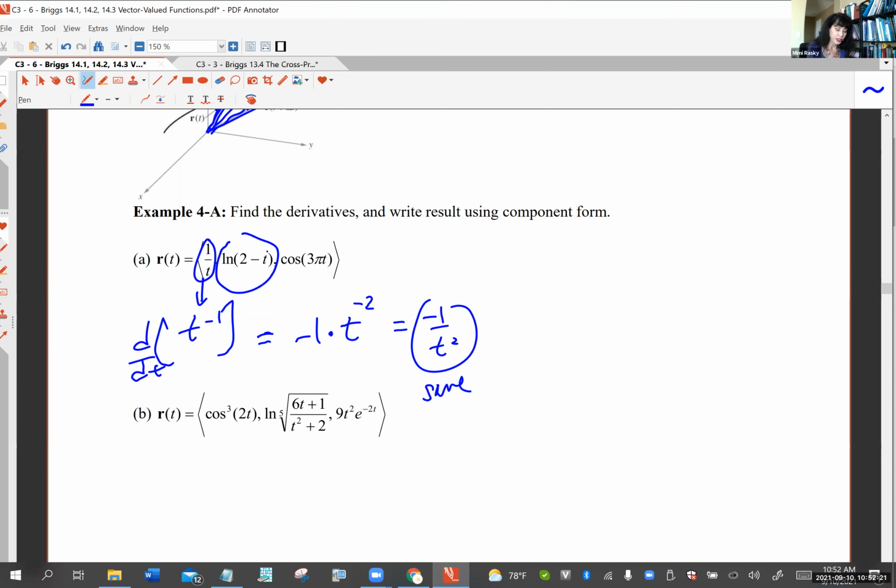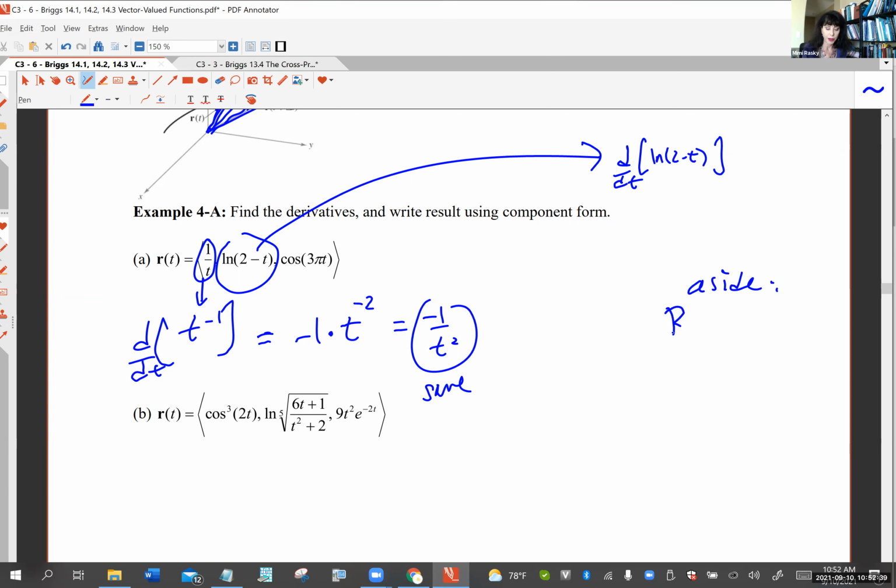What about if you took the derivative of ln of 2 minus t? So d/dt means take a derivative of, and then in notation, you put brackets next to that, and then you say what you're taking the derivative of. This is correct notation. I just want to do an aside, because I will take away points for bad notation. I've seen students even in Calc 3 do bad notation.